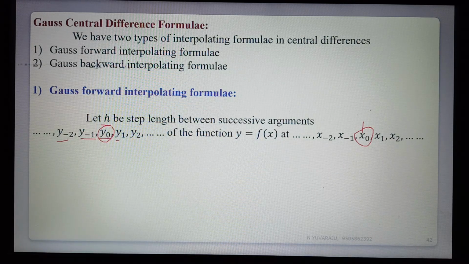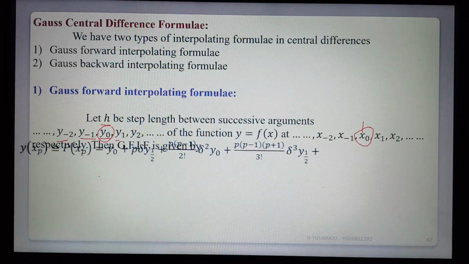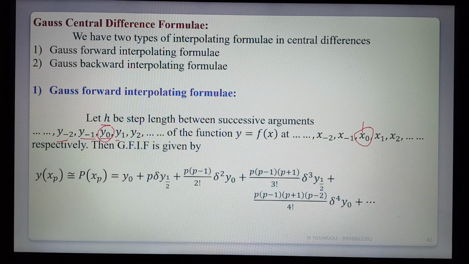The Gauss forward interpolating formula is given by the following. We are not finding the polynomial, we are finding only the formula.